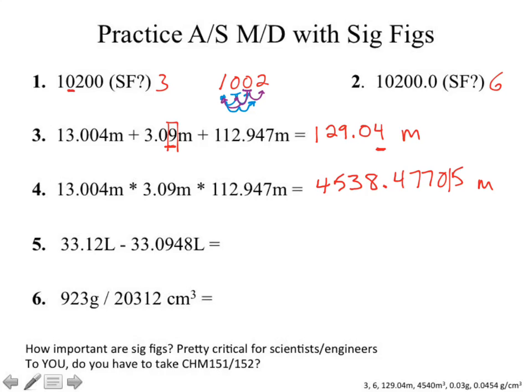What's the answer you report? 3 sig figs, because our fewest sig figs is the one in the middle with 3 sig figs. Which means our answer needs to be reported to 3 sig figs. If we underline them, 4, 5, and 3 are our sig figs.